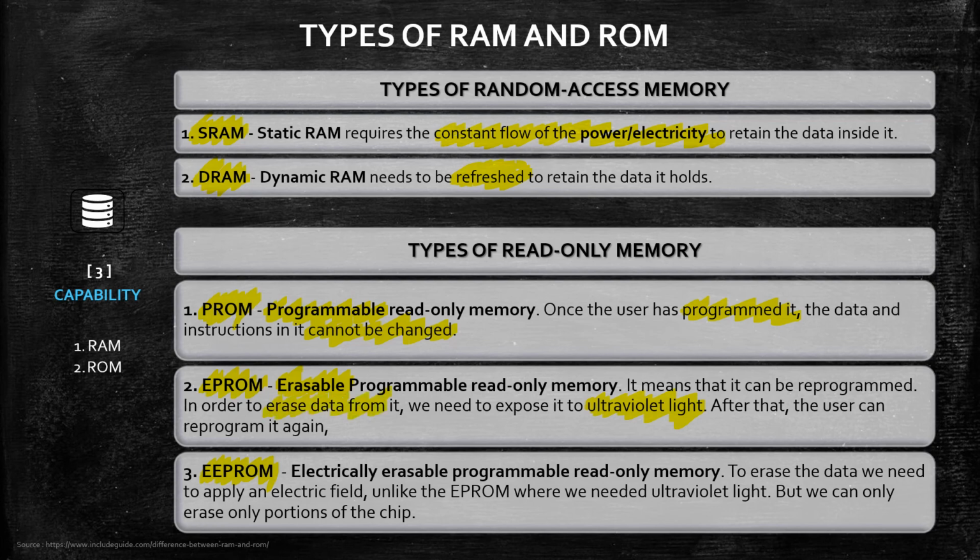And the last one is the EEPROM, which is electrically erasable. Ultimately both are erasable ROMs. The only difference is that the EPROM needs ultraviolet light, while the EEPROM needs an electric field, through which you can erase the data.